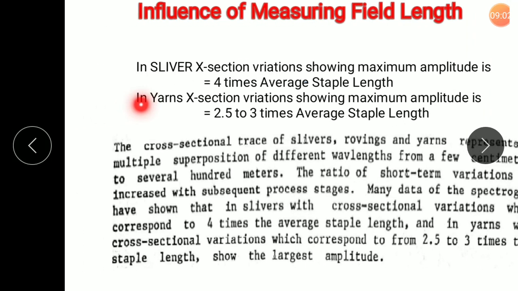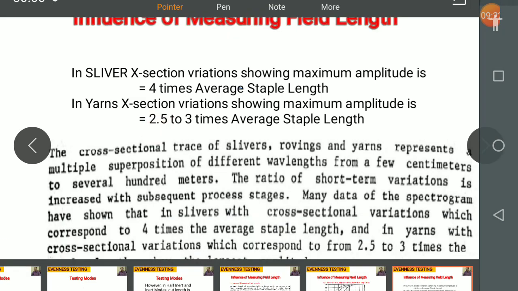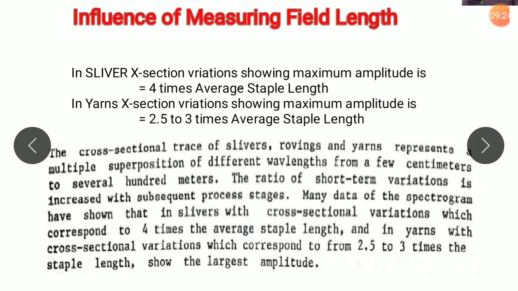If you are testing a yarn, then the corresponding values vary from 2.5 to 3 times the average fiber length. If it is 1 inch, meaning 2.54 centimeters, multiplied by the midpoint of 2.5 to 3, which is 2.75, it works out to around 7 centimeters.